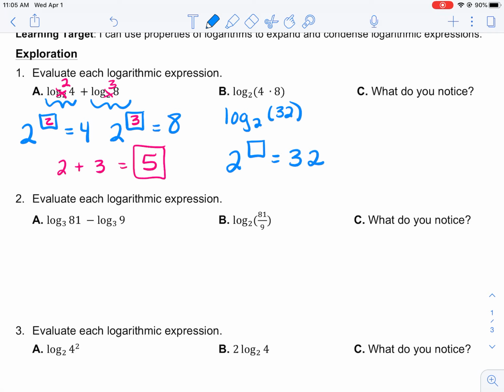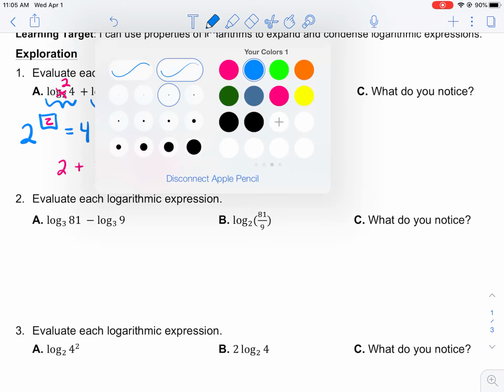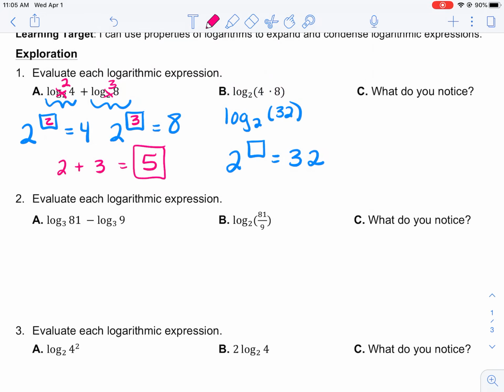We've seen this one quite a few times in this unit. You can use guess and check in a calculator if you have to. I think most of you can recognize that 2 to the 5th equals 32. And so the first expression equals 5, and we just found that this expression also equals 5.